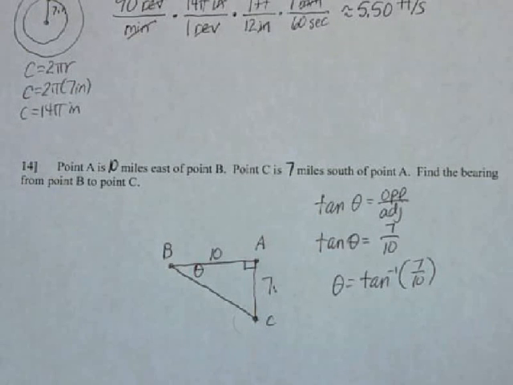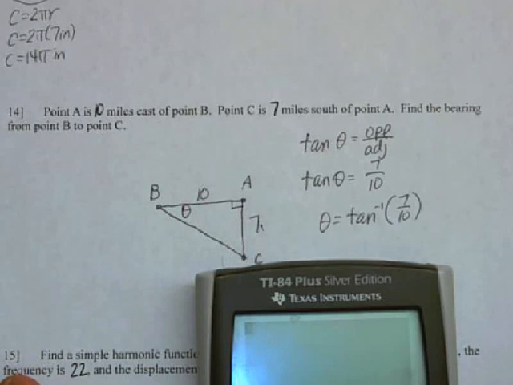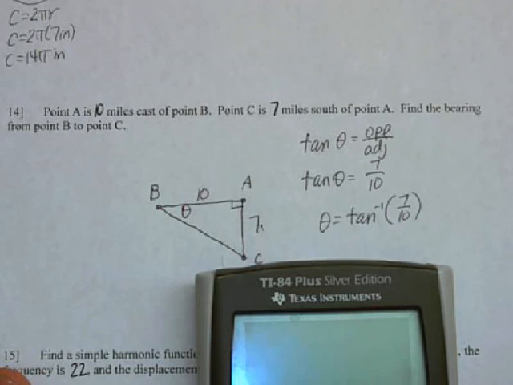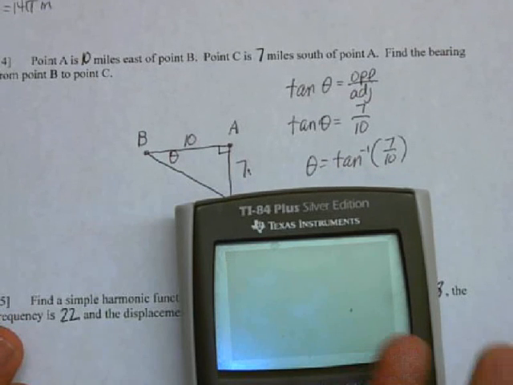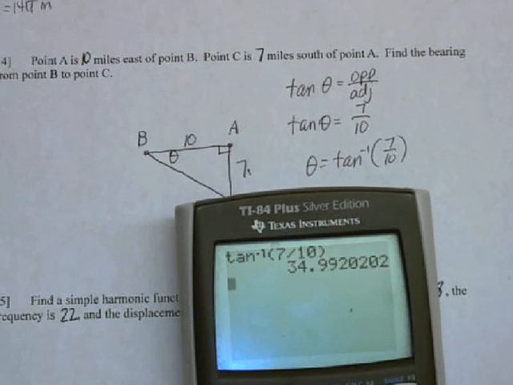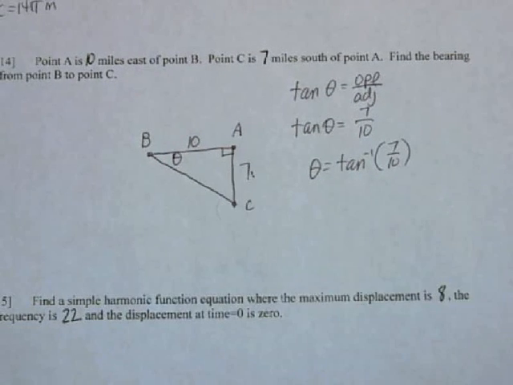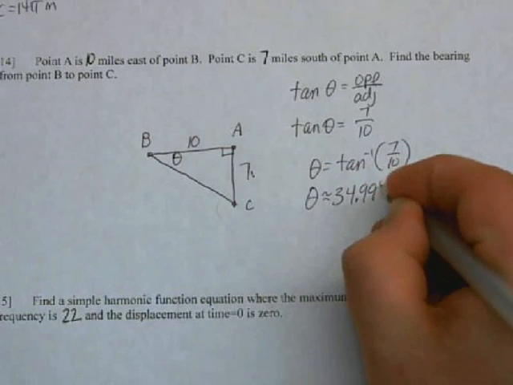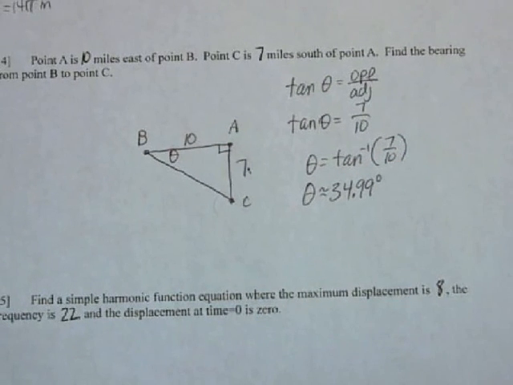Now, since bearing uses degrees, we need to make sure that we are in degree mode. So we'll do second tangent of 7/10. And I get about 34.99 degrees. But that's not our answer.